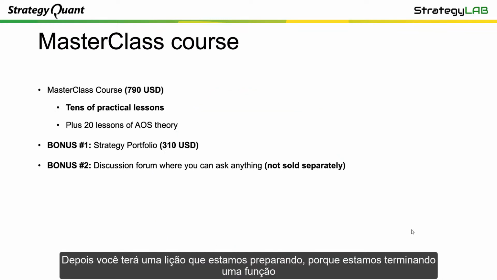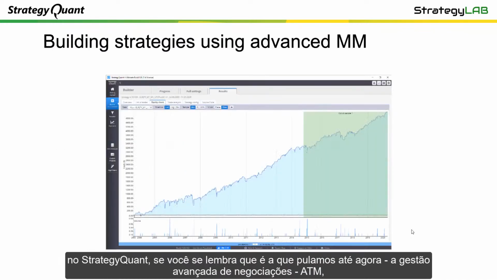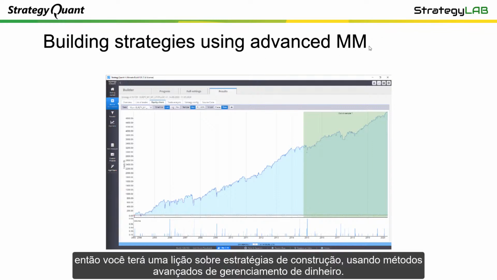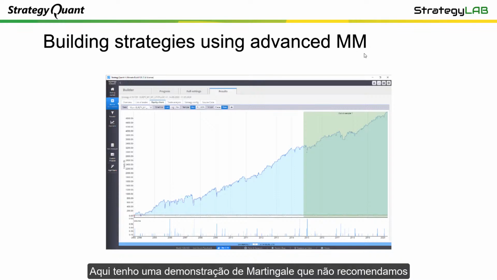Then you will get a lesson that we are preparing, because we are finishing the function in Strategy Quant. If you remember, that's the one we skipped so far, Advanced Trading Management, ATM. So you will get a lesson on building strategies using advanced money management methods. Here I have a demonstration of martingale, which we do not recommend using.